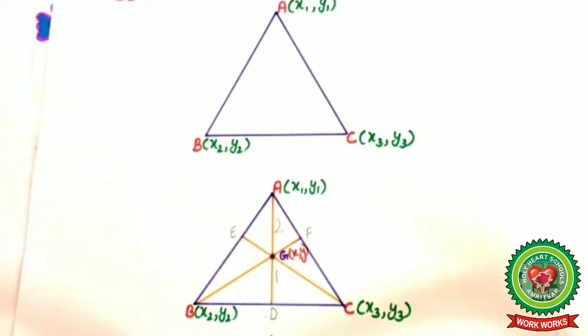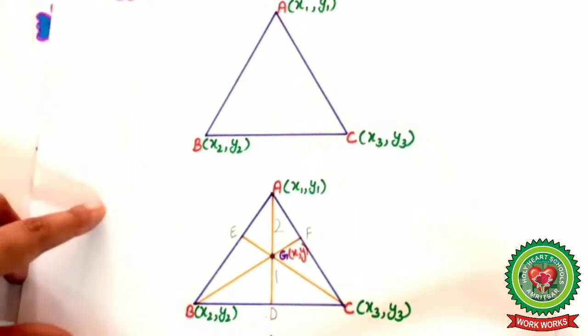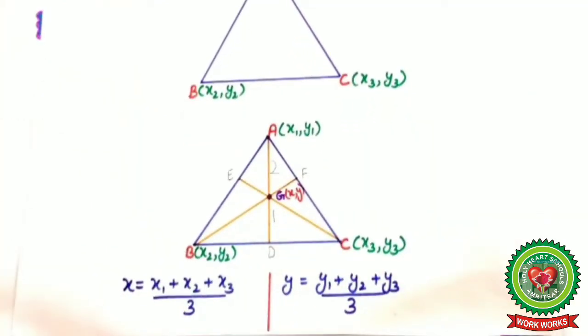Then the coordinates of G will come. But there is another formula to find the centroid, that is x equals (x1 + x2 + x3) upon 3 and y equals (y1 + y2 + y3) upon 3. This is the formula to find the centroid of a triangle.